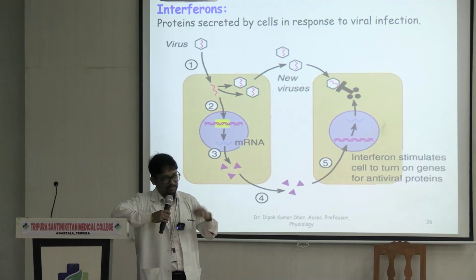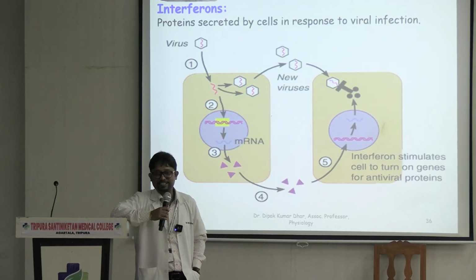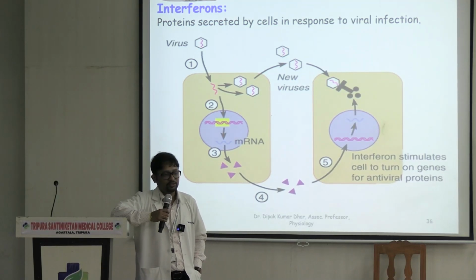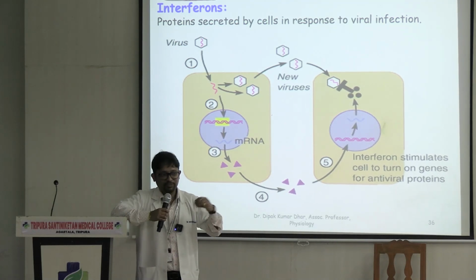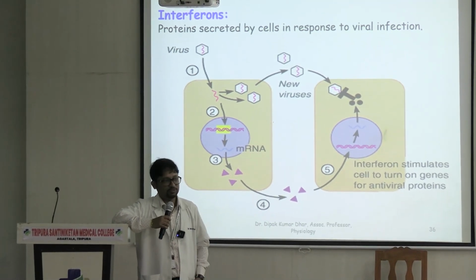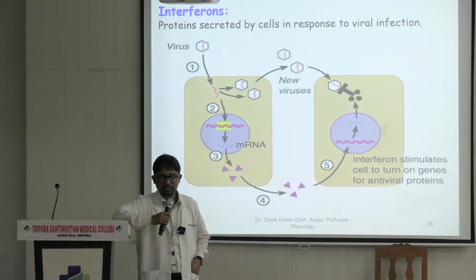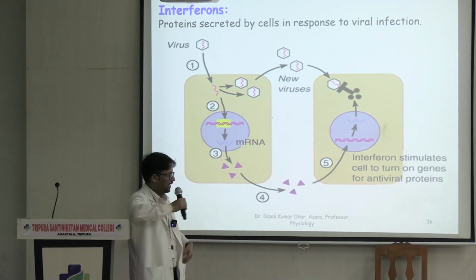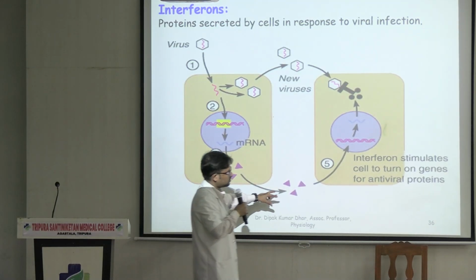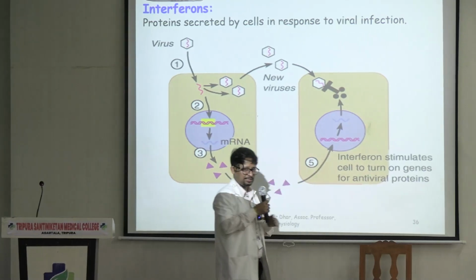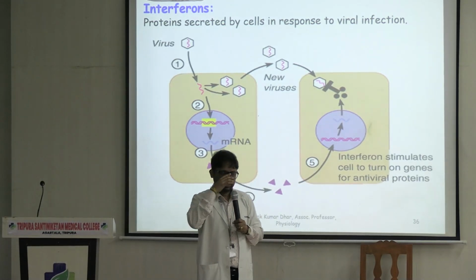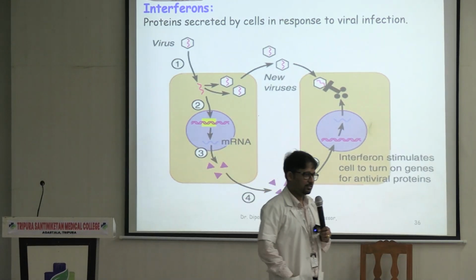So our genome has certain genetic sequences which are antiviral in nature. How effective they are is a different thing to discuss, but we have it in our genome. But that needs to be activated. So interferons go to the surrounding cells around the infected cell and they switch on these antiviral genes.